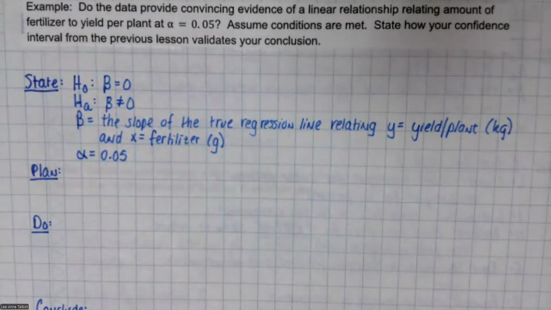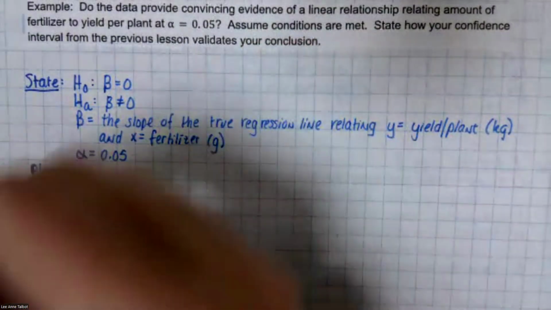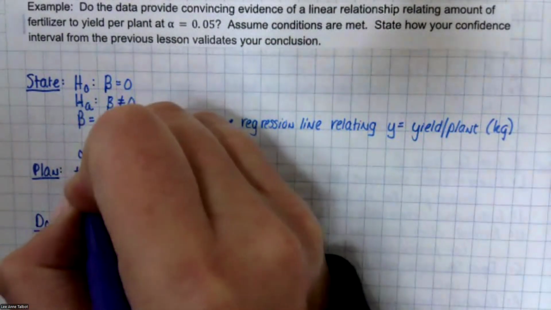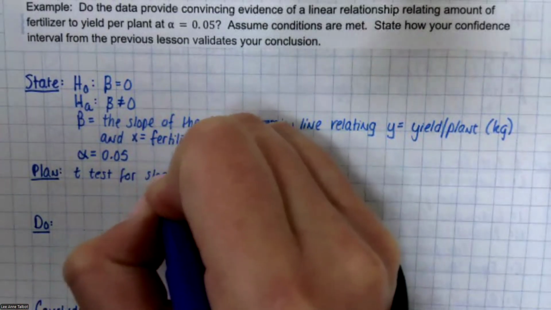Okay, now on this problem, the plan is going to be very simple. It says assume conditions are met. T test for slope.